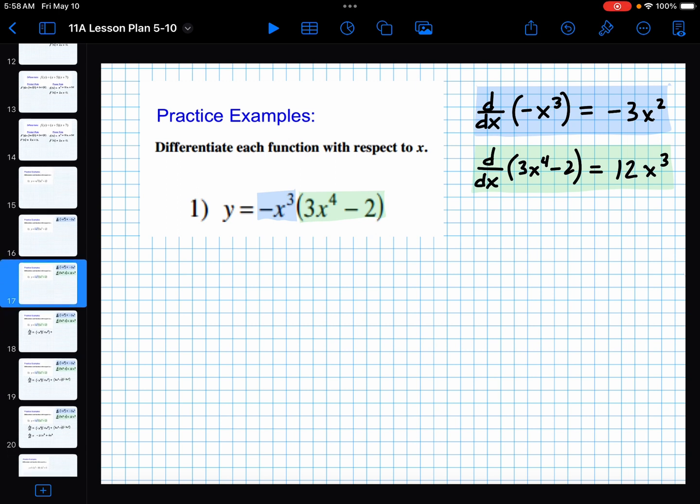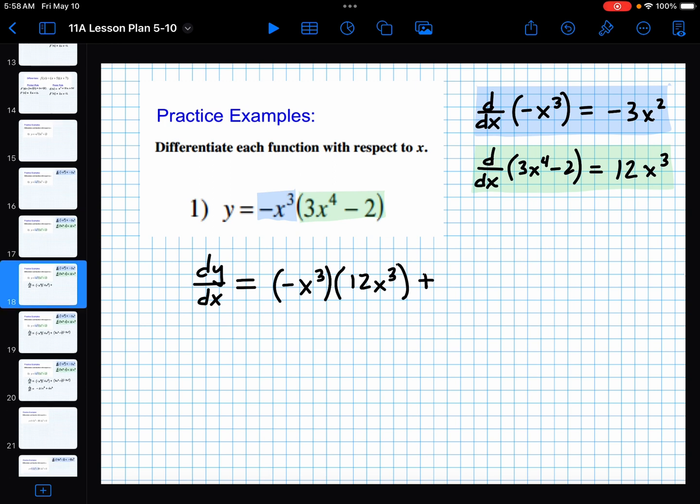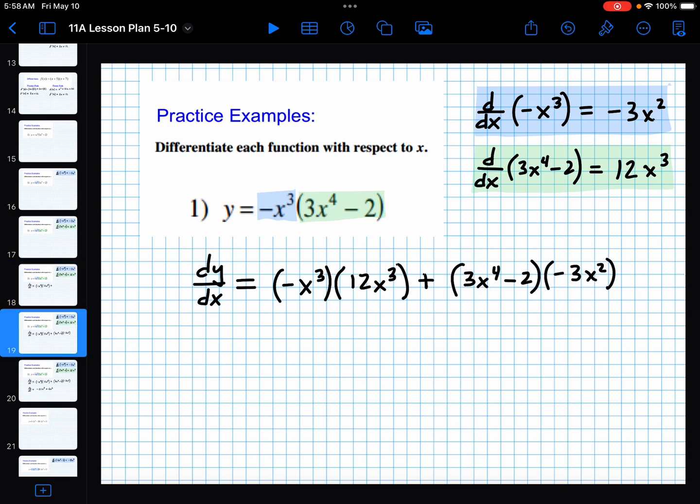Now I just assemble the ingredients in the right format. My derivative of y with respect to x would be the original first factor, negative x cubed, times the derivative of the second factor, 12x cubed, plus, now I switch to the second term of my sum, the original second factor, 3x to the fourth minus 2, times the derivative of the first factor, negative 3x squared.